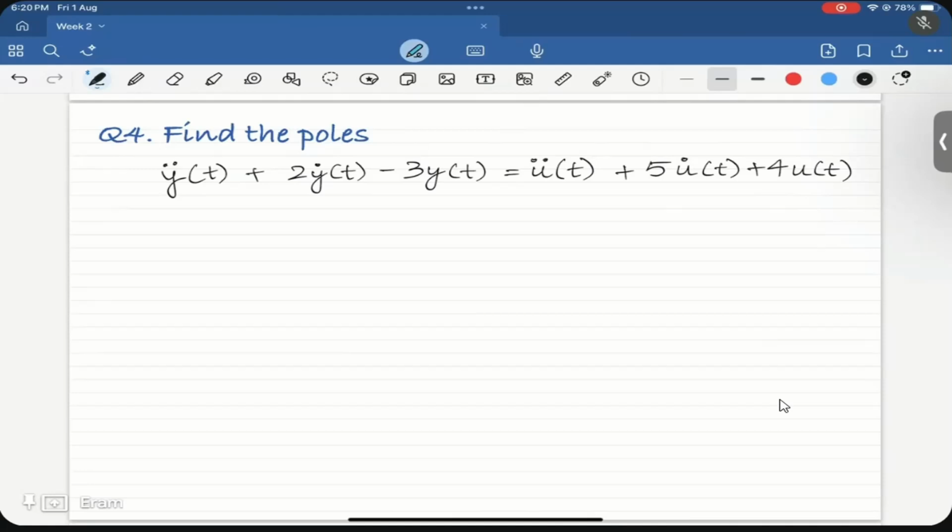Now in this question you have to find the poles. What are the poles of this system?